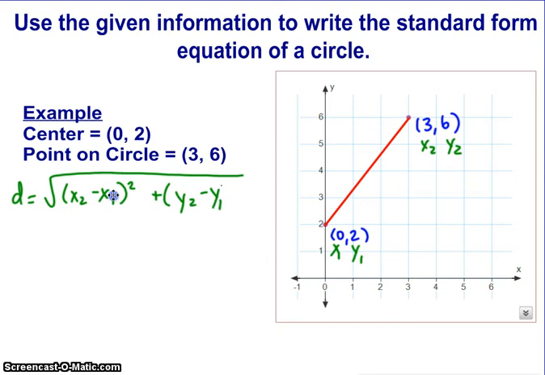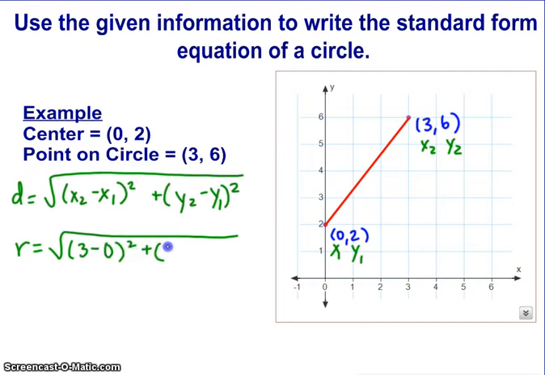Plus y2 minus y1 squared. So our radius is going to be equal to the square root of x2, which is 3, minus x1, which is 0, squared, plus 6 minus 2 squared. Where I got these numbers from were the center and the point on the circle. So when I type this in my calculator, I'm going to get the square root of 25, or 5.